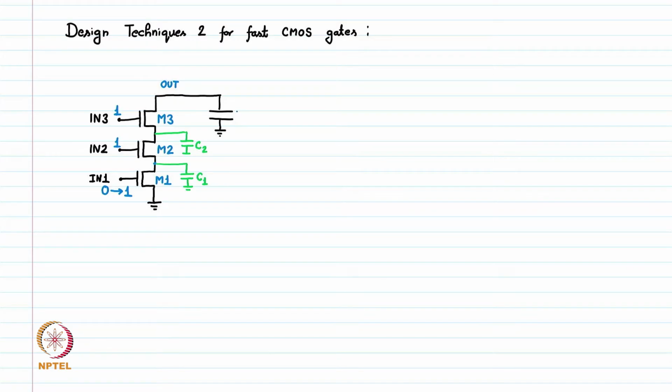Initially, when M1 is off, the whole of this ladder is charged to some initial value. The load capacitor was initially charged, and C1 and C2 were also charged because M3 and M2 were on. So the charge from the output can travel to C2 and to C1 as well. So C2 and C1 both are charged.